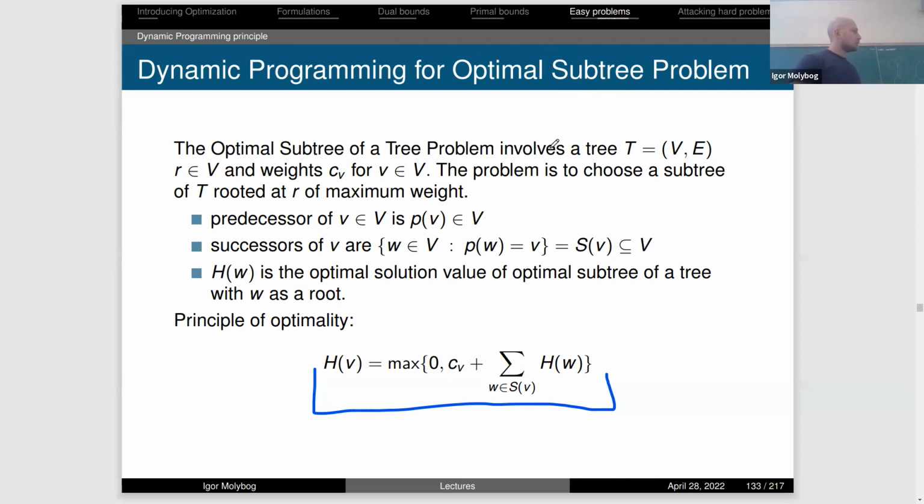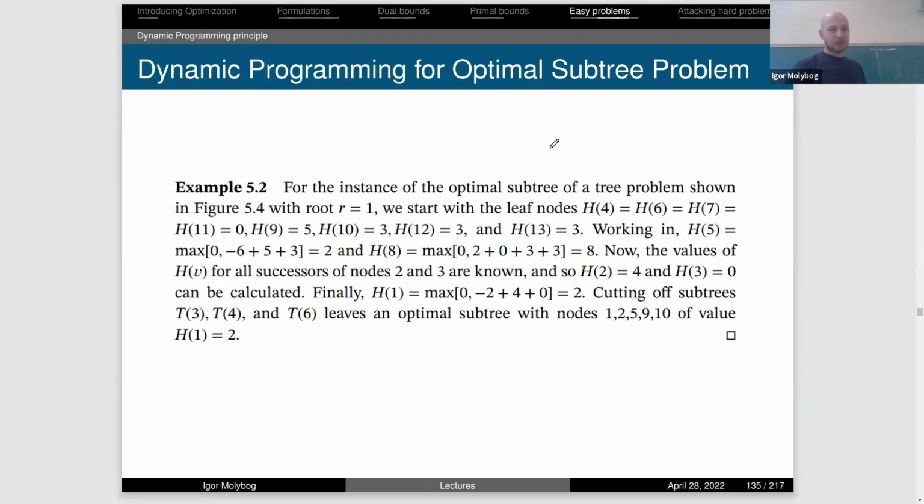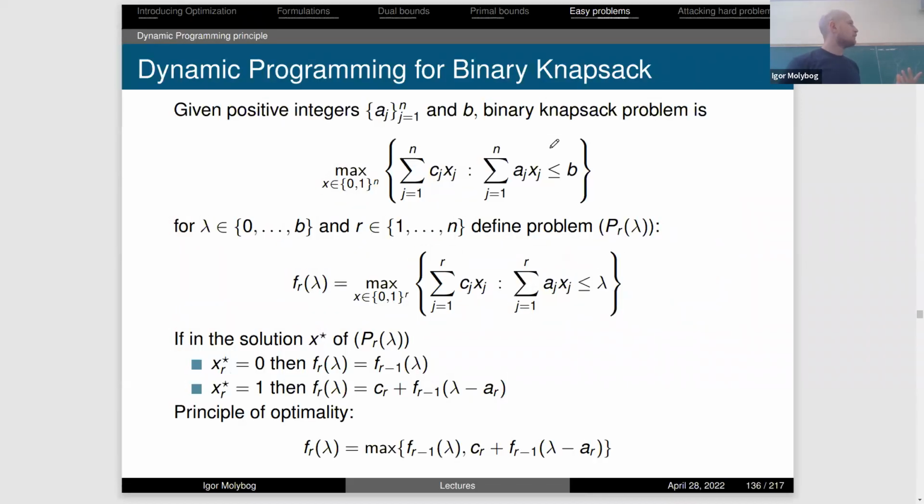But I would like to say that even for problems that do not have an obvious graphical structure, such as the optimal subtree problem, or the binary knapsack problem, which is definitely a very important example of it, you still are able to construct a dynamic programming principle.